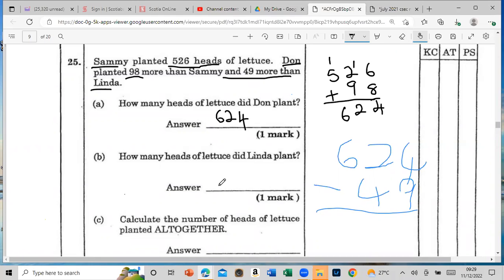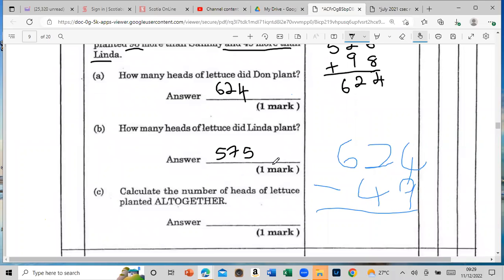Let me subtract it and see. But you have to subtract, guys, because he said 49 more than Linda. The more you get the reason behind it, the better.